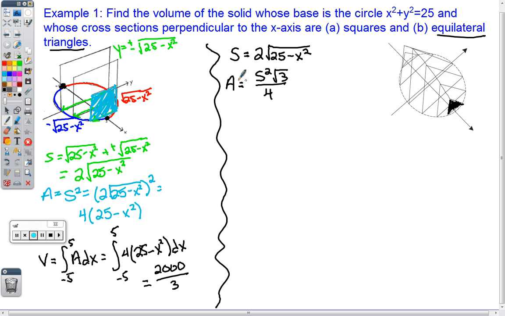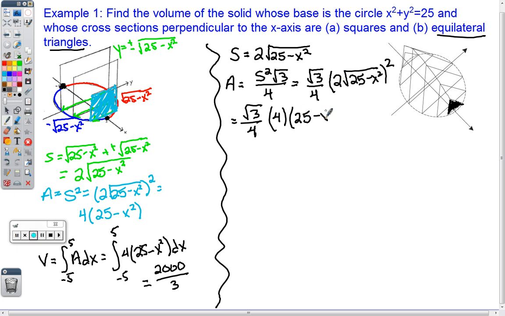So the area is going to be, well, take this and plug it in. We're going to have root 3 over 4 times 2 root 25 minus x squared, squared, which gives us root 3 over 4 times 4 times 25 minus x squared.